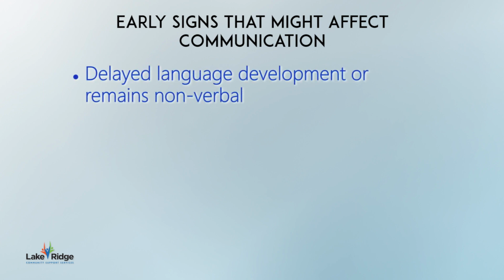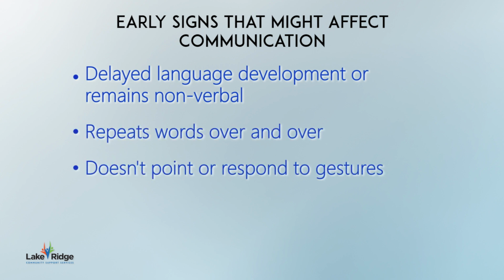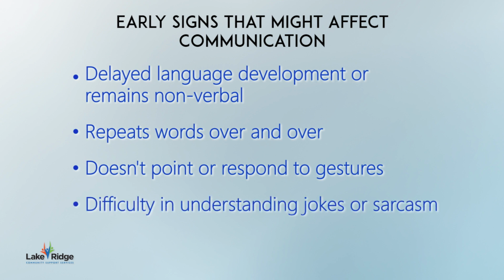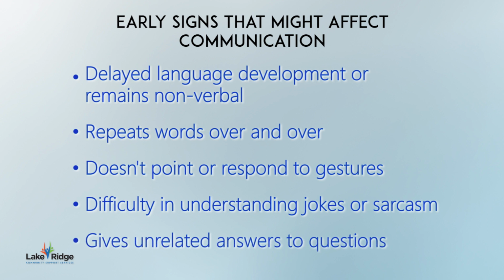Possible early signs that might affect communication may include delayed language development or remains nonverbal, repeats words over and over, doesn't point or respond to gestures, difficulty in understanding jokes or sarcasm, or gives unrelated answers to questions.